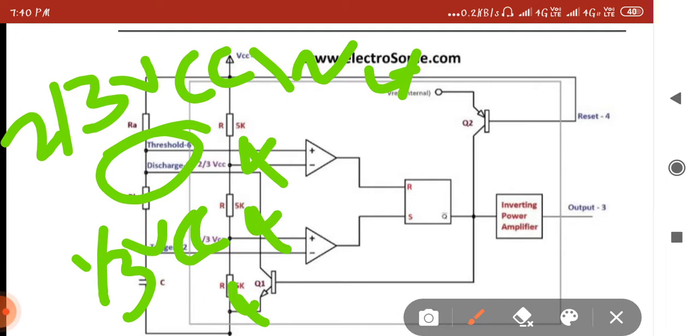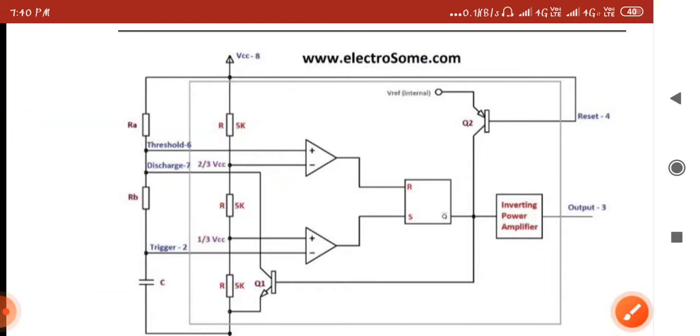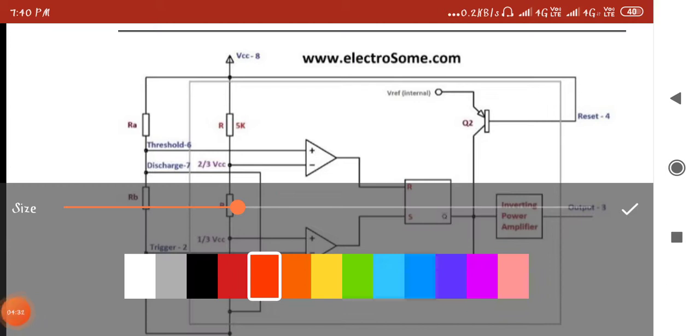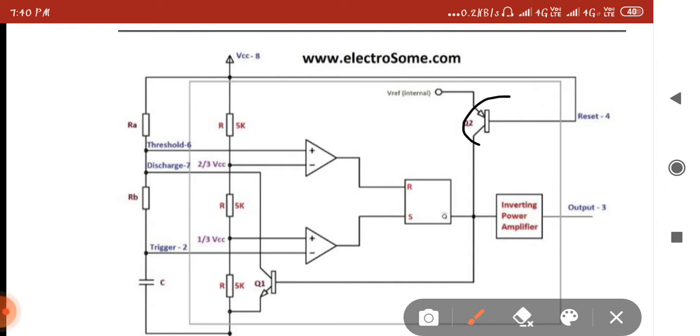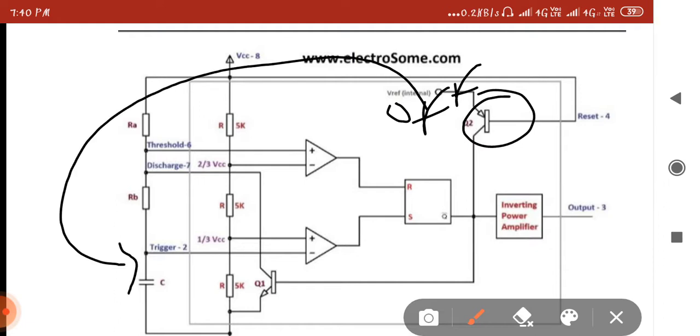Let us discuss how this circuit works. Before that, I am going to tell how the transistor works. When Q2 is in the off state, this capacitor is charging.